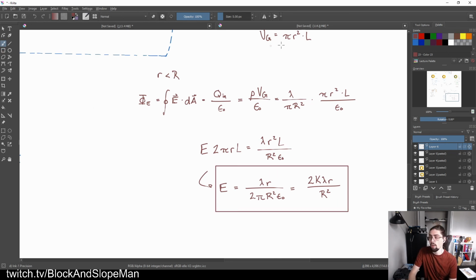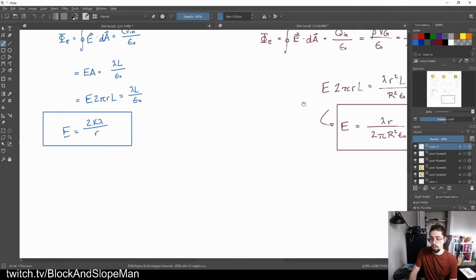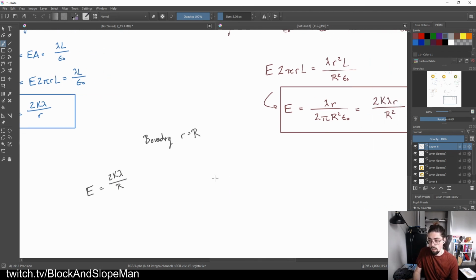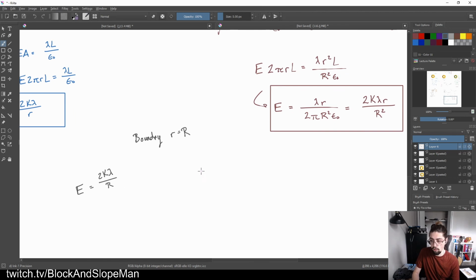Speaking of the boundary, let's test it real quick. What happens when little r is equal to big R? Well, the equation on the left becomes 2k lambda over capital R. The equation on the right becomes a little bit nastier at first, but we see one of the r's cancels out.